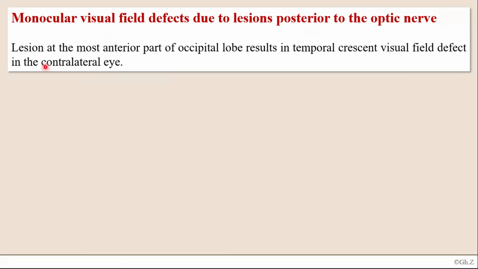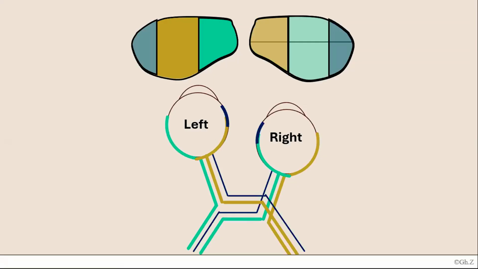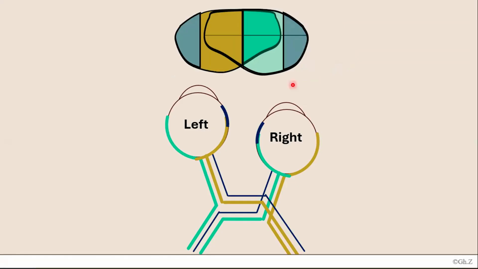And this example is when the lesion is at the anterior part of the occipital lobe, and this results in a temporal crescent visual field defect in the contralateral eye. Just a reminder of this schematic representation. If you remember here, there's something called temporal crescent here and temporal crescent here, okay?